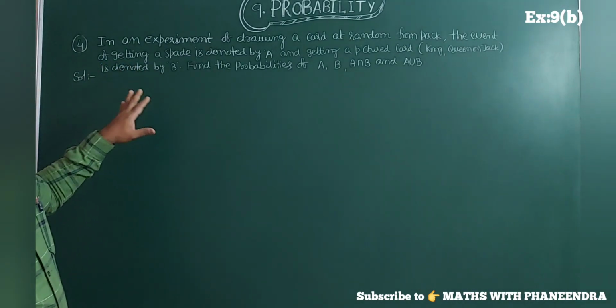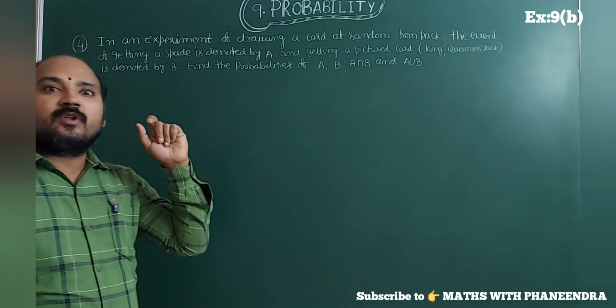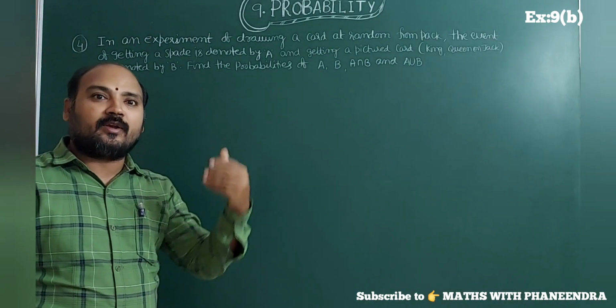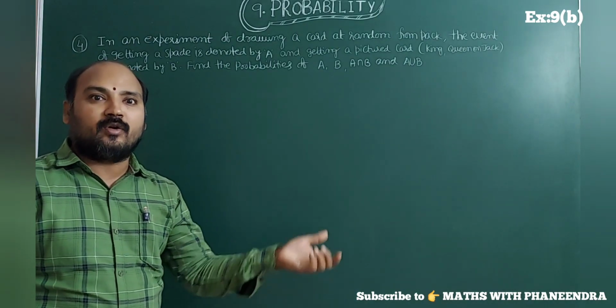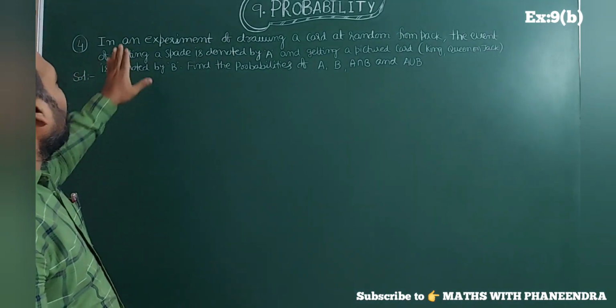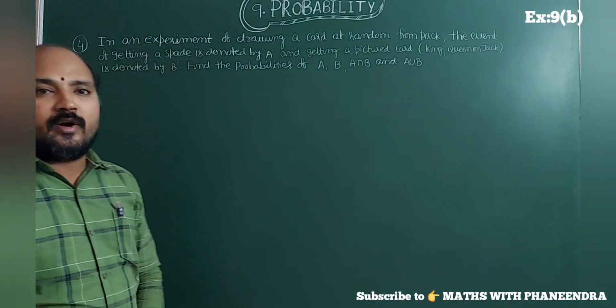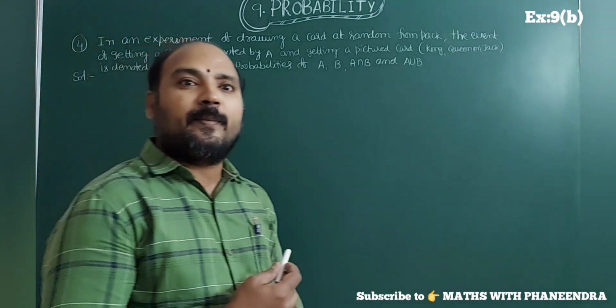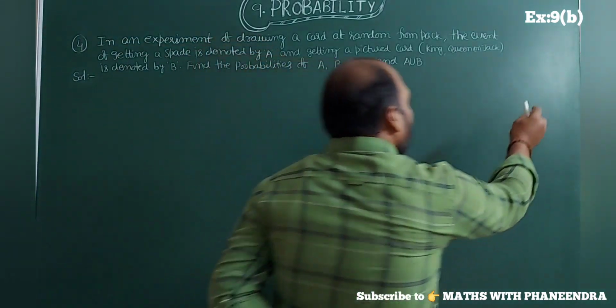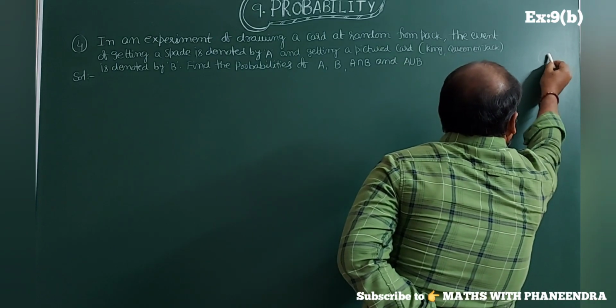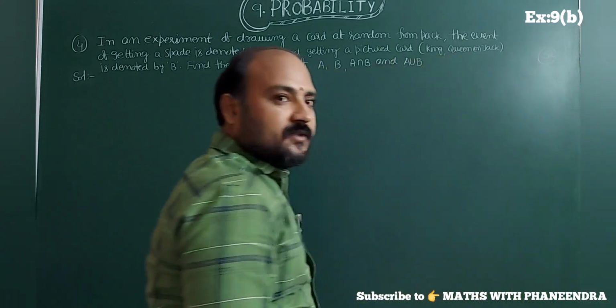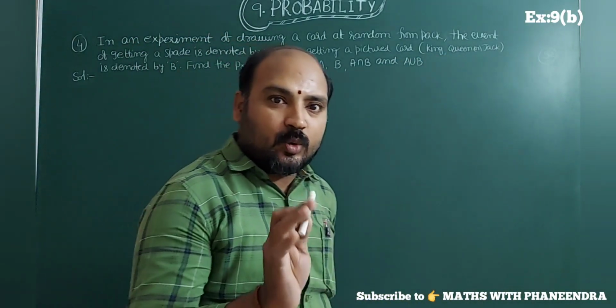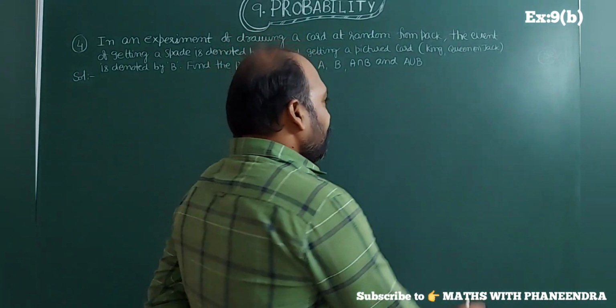So here the question is related to a pack of cards, drawing a card from the pack. What is the total number of cards in the pack? We know that 52 cards are there. In these 52 cards, 26 red and 26 black cards are there.